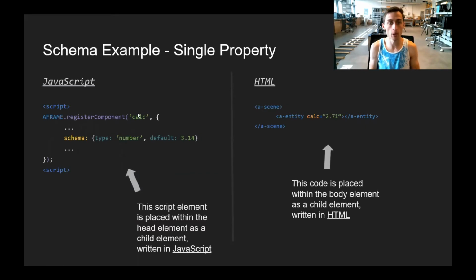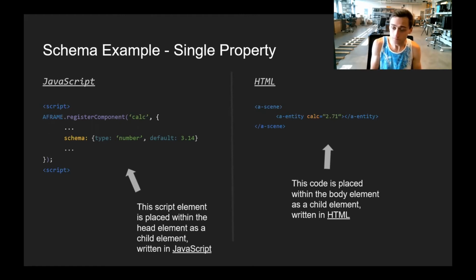So we're registering a component called calc, short for calculator or whatever. You'll notice in our schema, it's just one thing. We're giving it a type of number. There's a bunch of other types you can use, like color, or string, which is a string of characters, basically a word or whatever.